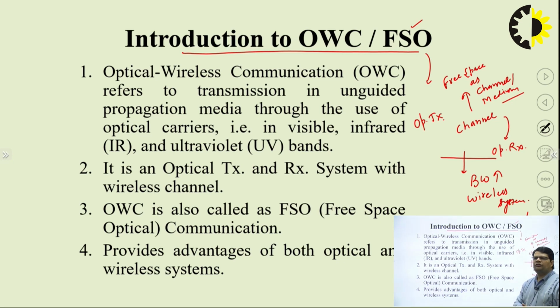So in free space optical communication, the simple concept is that the wired optical fiber channel is replaced by the free space or the atmosphere, or we can say that light is used as a carrier signal. The optical carriers are transmitted through the free space.